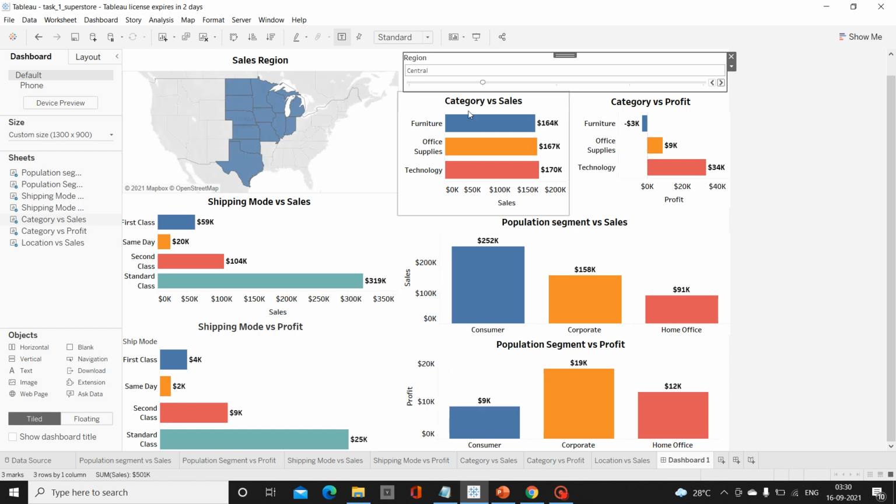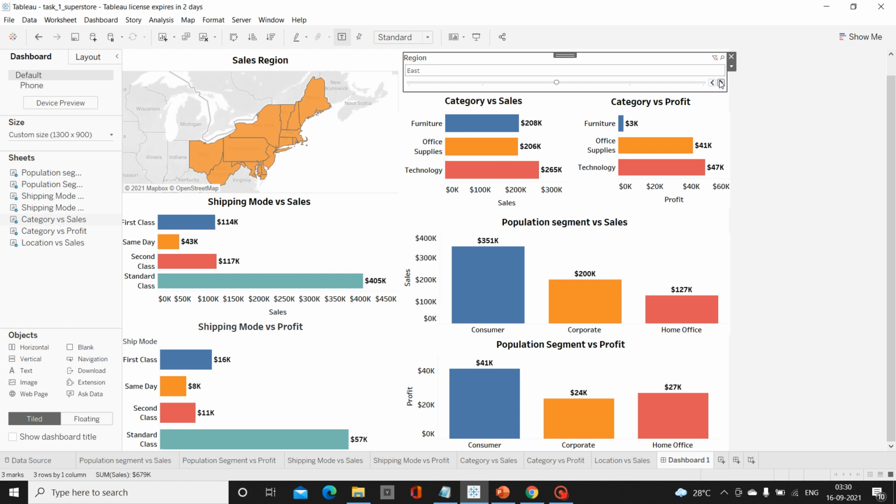In the central region, the consumer segment contributes the most in sales, but the least in profit. And this is not the case with other regions.